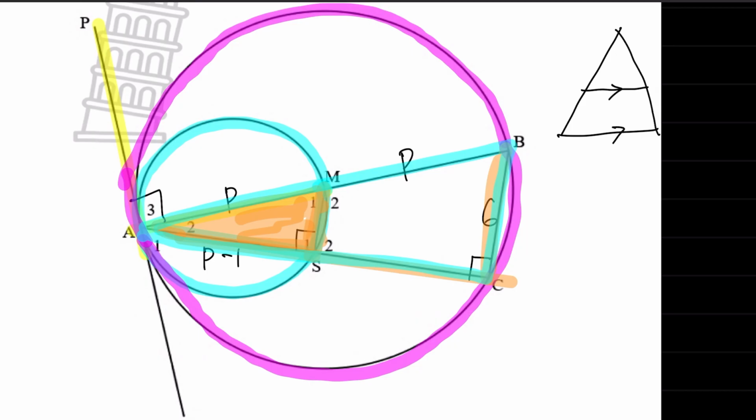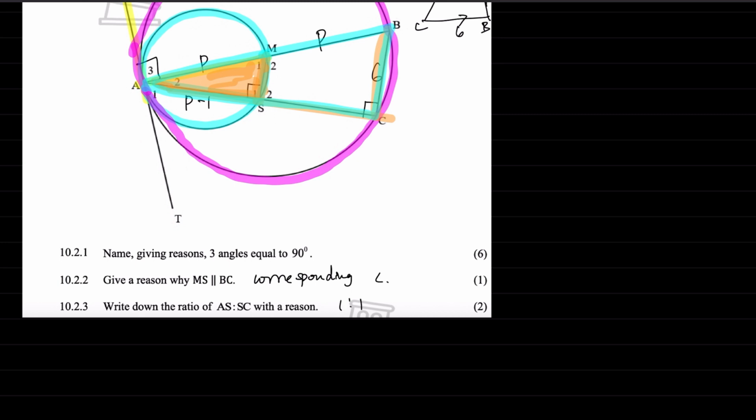If those lines are parallel, right, and you have a common angle, so ACB, and then here is SM, and that was 6. That's P minus 1, then that's P, right? We can see quite clearly here that this is going to be a line drawn from the center. If that's P and that's P, then SM is a line drawn from the center. And then that's going to make the ratio 1 to 1. So here, 1 to 1, reason, line drawn from the center.